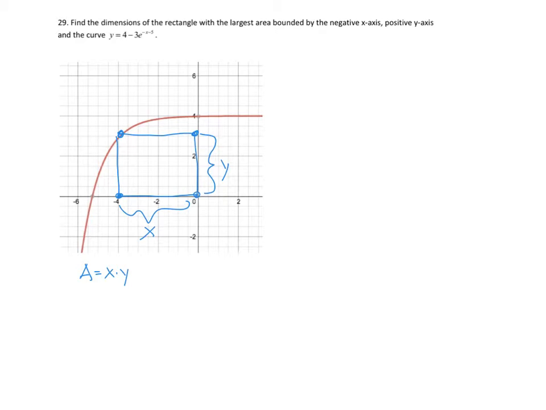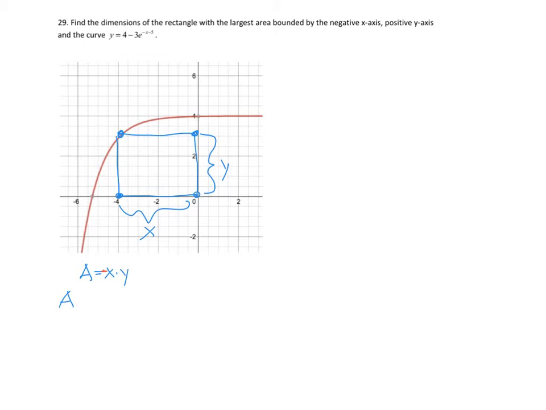Now in this problem, the x values are negative because we are on the negative x-axis. And so if I multiplied a negative x value by a positive y value, I'll get a negative area. And there's no such thing as a negative area. So to counteract that negative, I'm going to put a negative sign in front of my x.